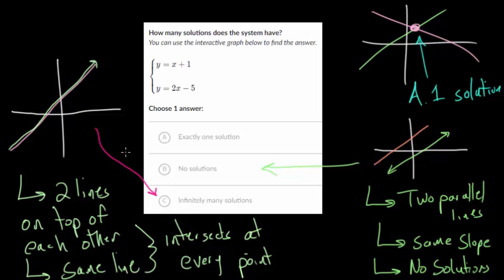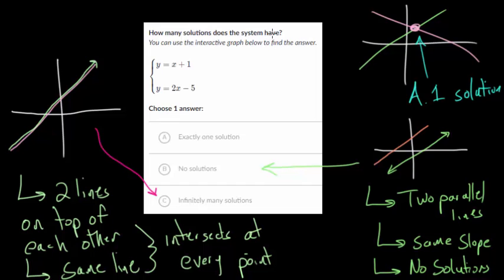So essentially, we need to figure out, do we have this normal case where the two lines are just going to intersect? Do we have a case where they're parallel and have the same slope and we're going to have no solutions? Or do we have the case where the two lines are the exact same line? And usually you'll see that one line is just a multiple of the other line, and when you simplify the one that's a multiple, they end up being the same line.